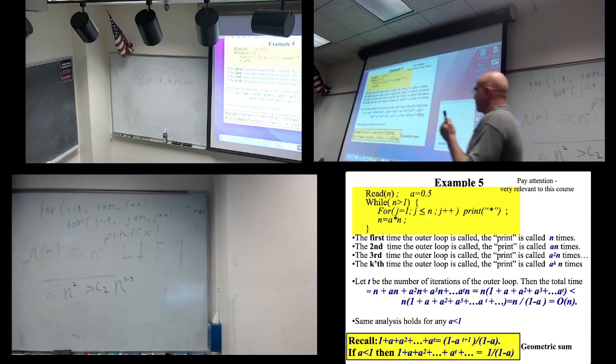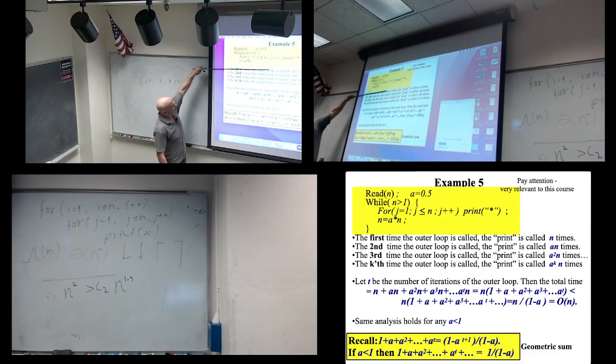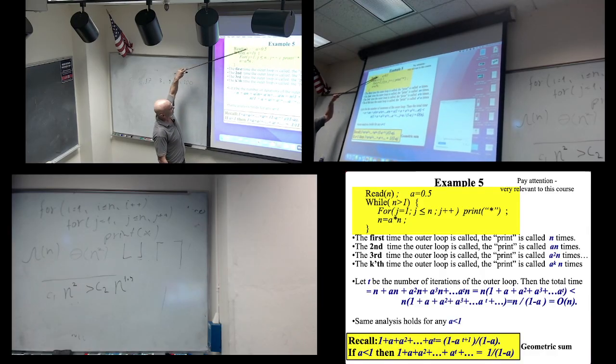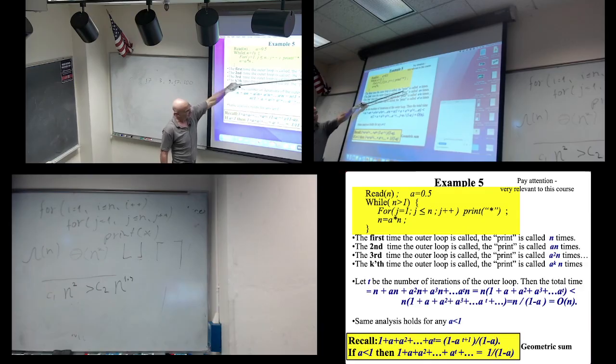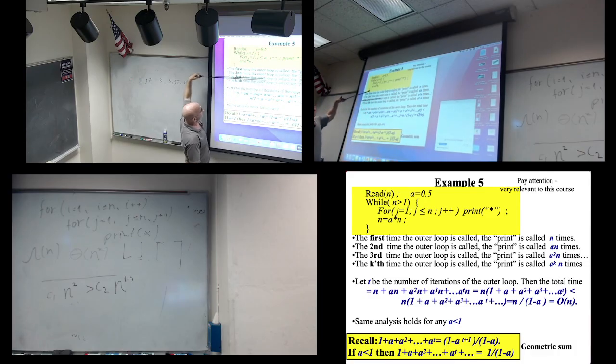And again, this is an example that appeared many times in this course. Before I changed n, when I just read n, before I got to this command, how many stars did I print in this command? Exactly n. Then I'm doing n equals a times n. So how many stars did I print? a times n, ignoring the floor. And then I'm doing n equals a times n again.